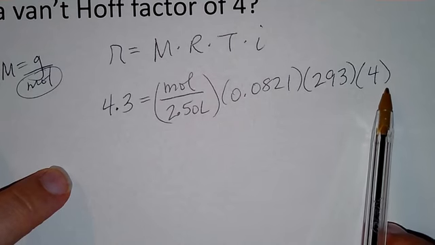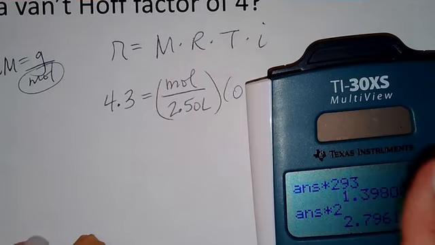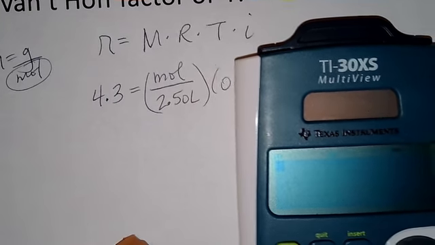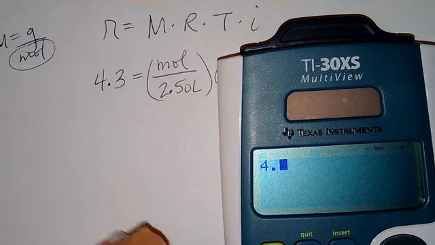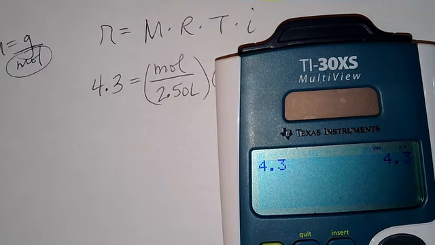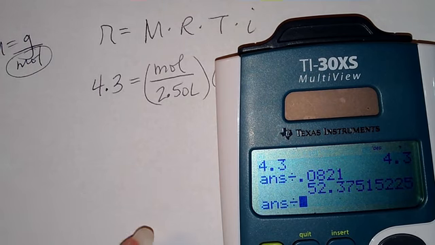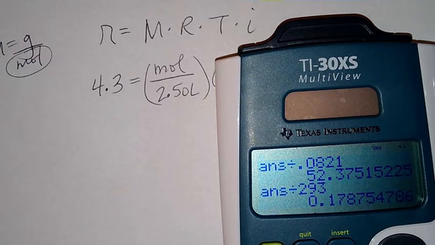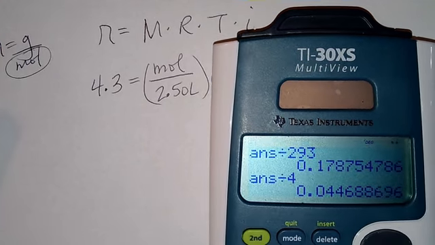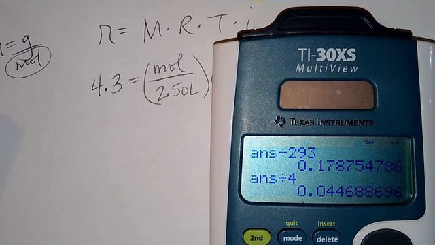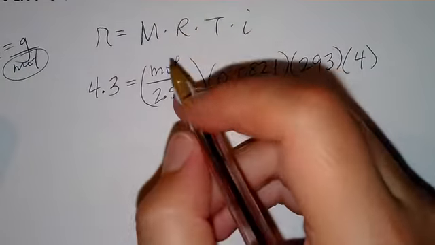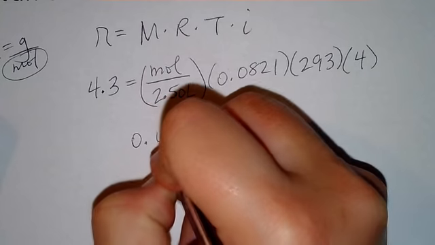4.3 divided by R, divided by temperature and divided by I gives us 0.04469. And that leaves us with moles over 2.5 liters.